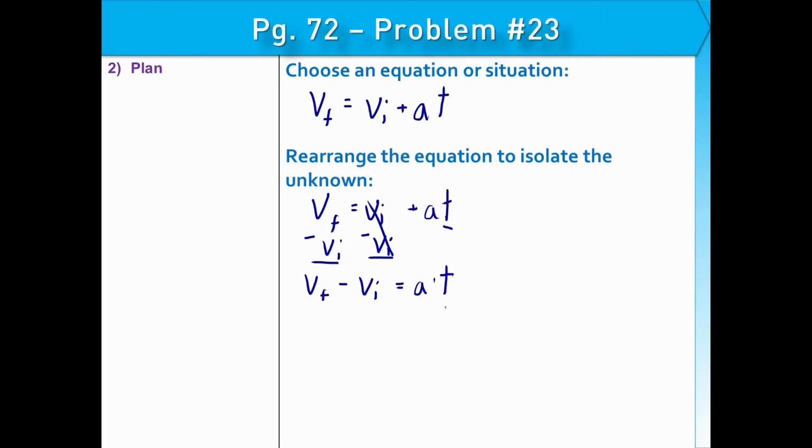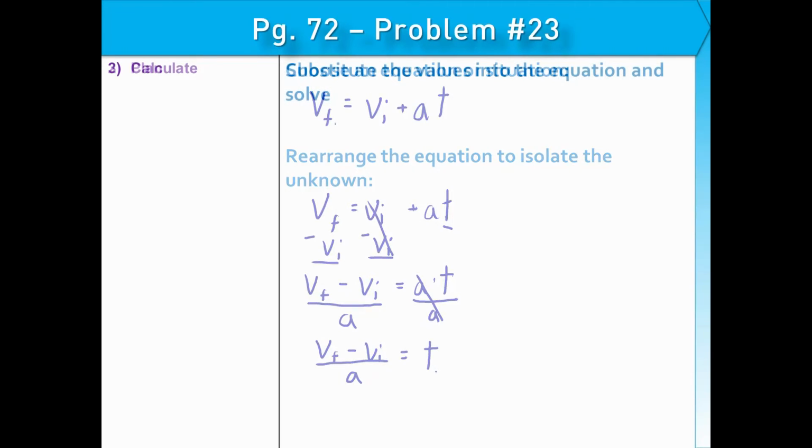Now to get time by itself, I have to eliminate the acceleration, so I'll divide both sides by a. The two a's cancel on the right side, leaving just t. And on the left-hand side, I have final velocity minus initial velocity all over acceleration. This is my equation to solve for time.